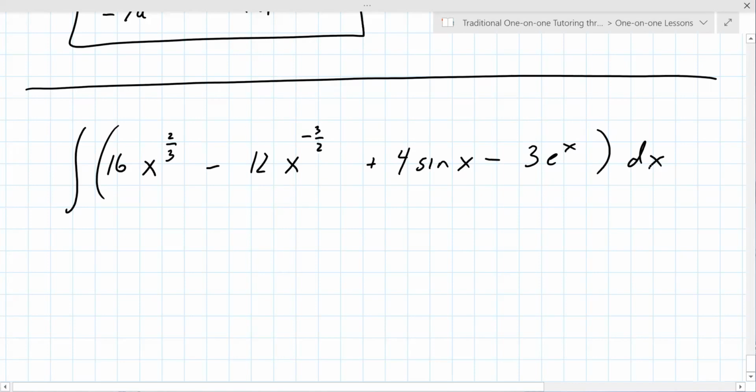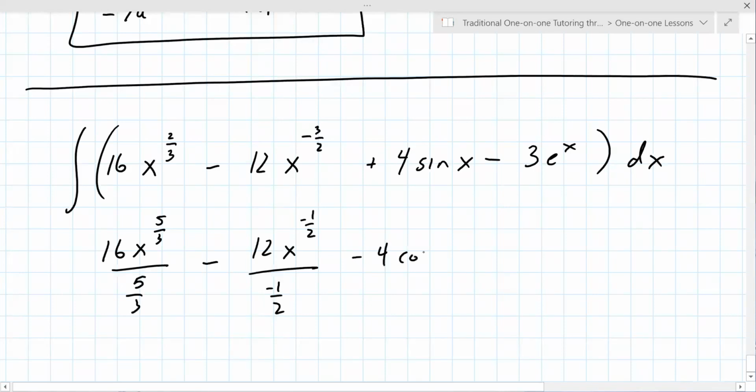So 16x to the 2 over 3 plus 3 over 3, which is 5 over 3, over 5 over 3, minus 12x to the power of negative 1 half, over negative 1 half, plus 4 negative cosine, so it will be negative 4 cos x.